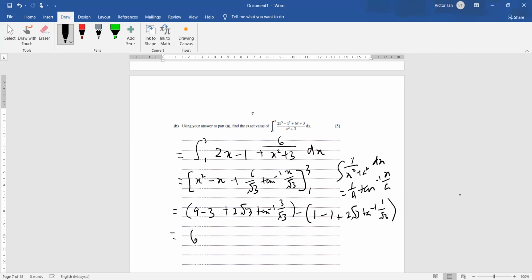So this is 6, arctangent 3 over root 3 is pi over 3, minus 1 minus 1 is 0, arctangent 1 over root 3 is pi over 6. 2 root 3 times pi over 6, so the exact solution is 3 pi over 6. That is your answer.